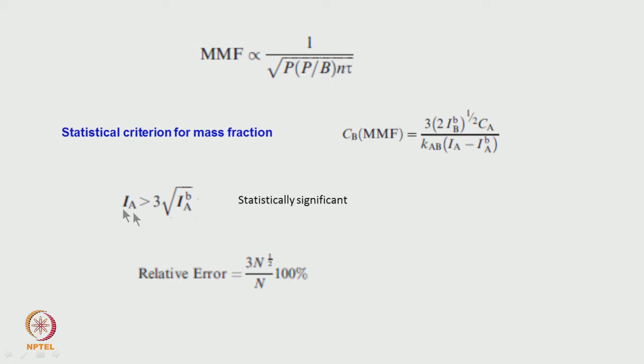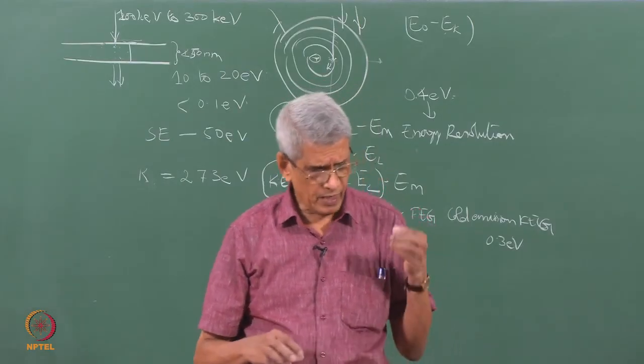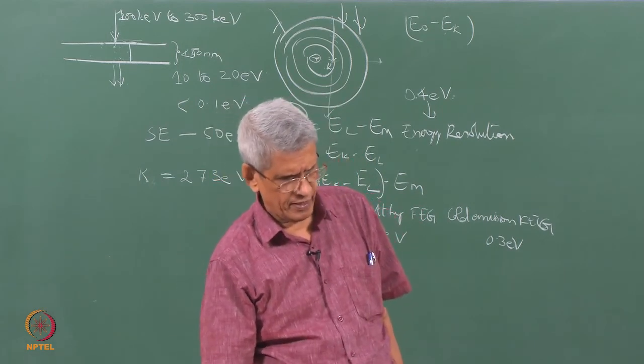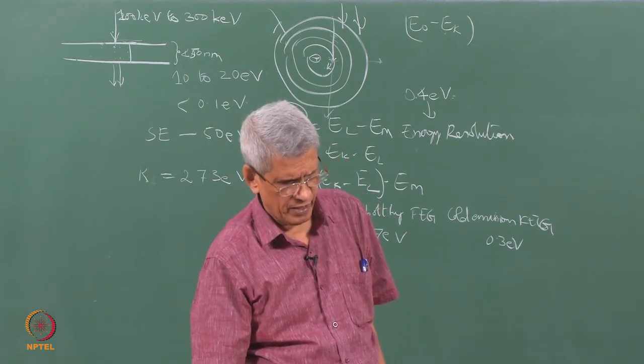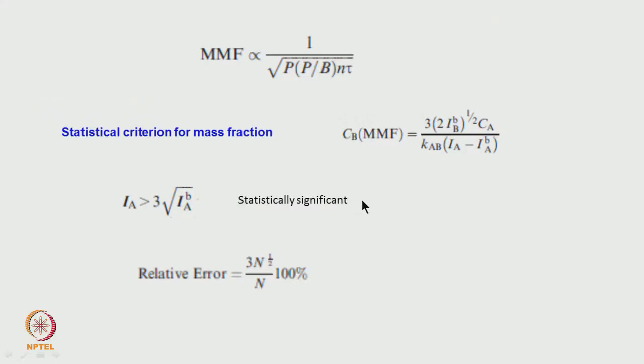But what is important, especially with respect to energy dispersive analysis, when we are looking for the characteristic X-ray peak, is deciding when the peak is significant. If the integrated intensity of the peak is 3 times the square root of the intensity of the background, then only can we say that it is statistically significant, and that peak has to be considered in the analysis.